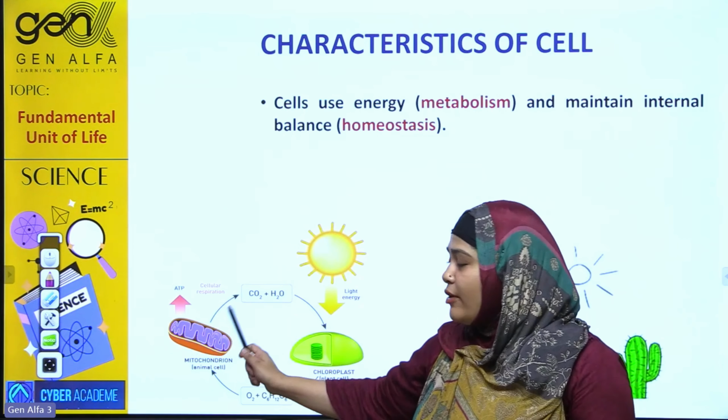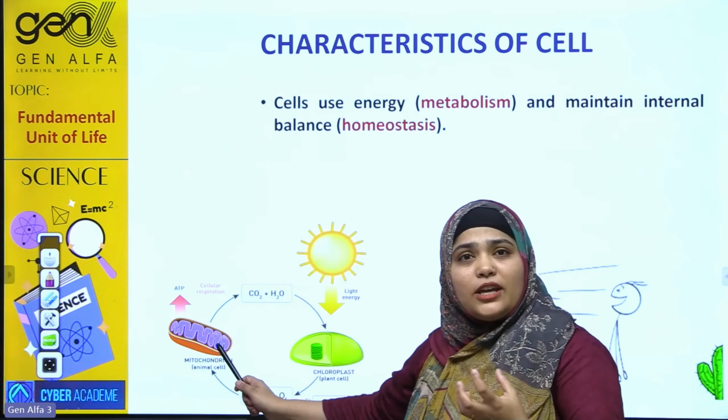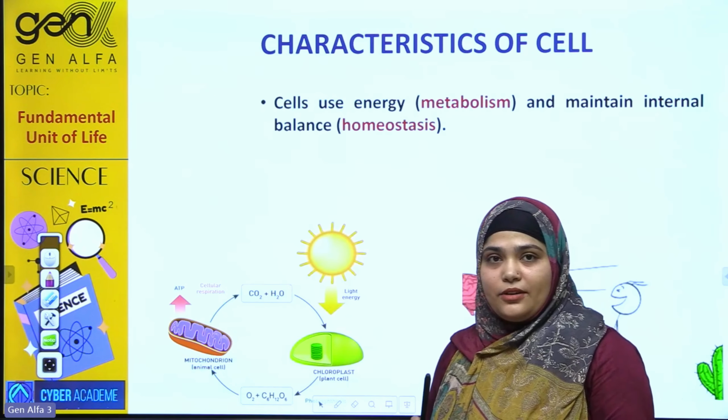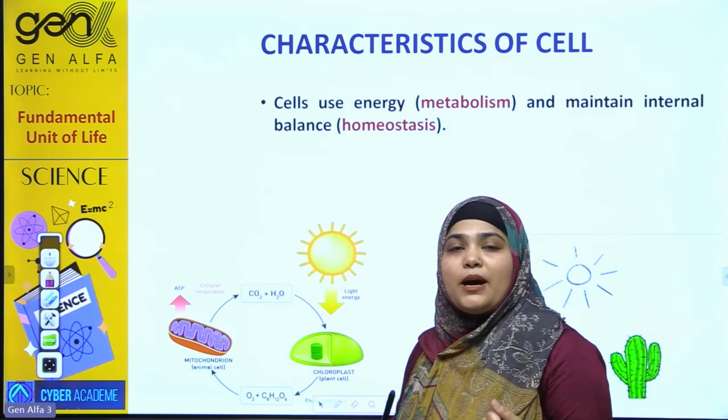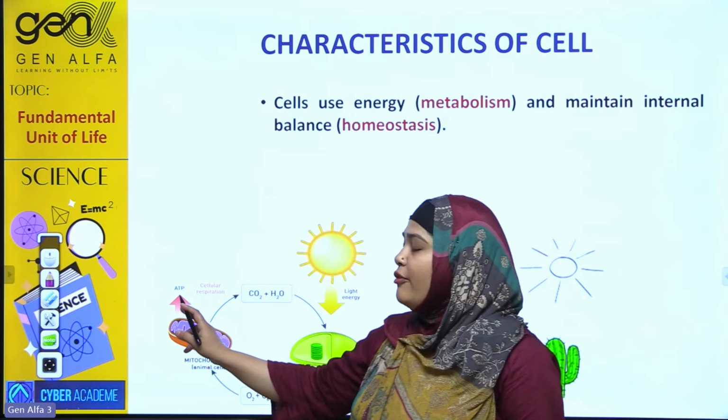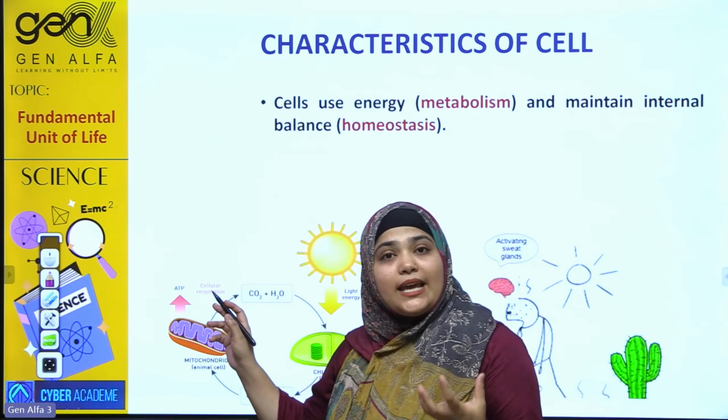Powerhouse is actually the special organelle which is involved in energy production, that is mitochondria. So mitochondria is also known as the powerhouse of the cell because it is generating energy in the form of ATP. ATP is actually the energy.